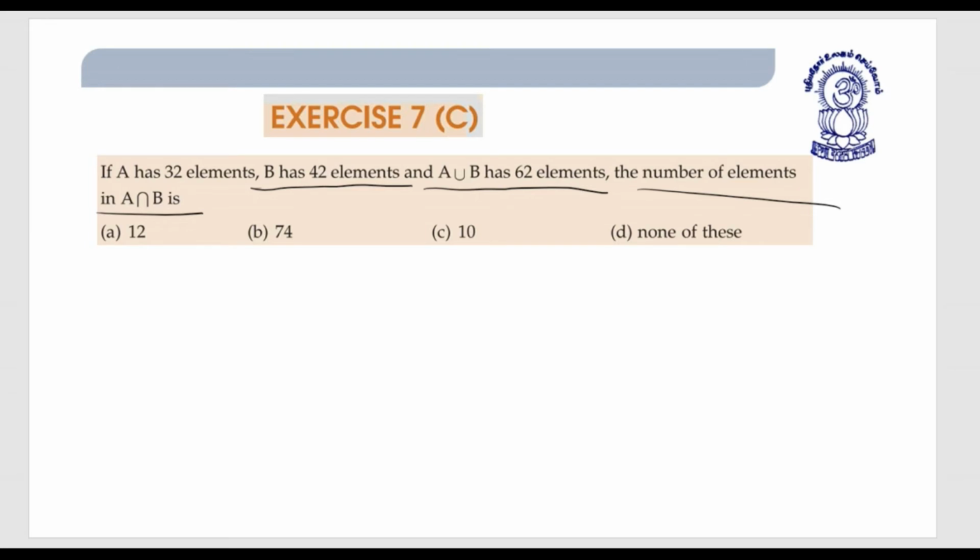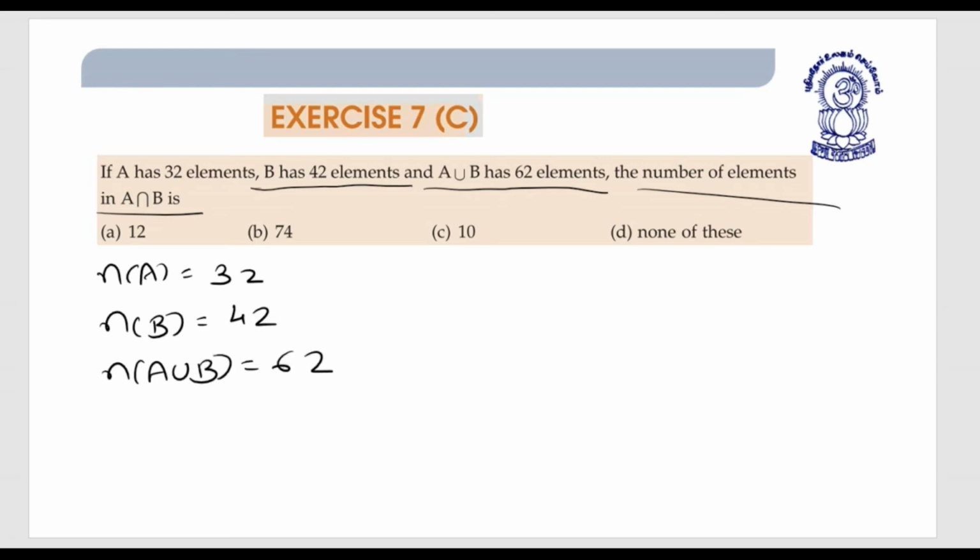So here the given data is n(A) = 32, n(B) = 42, n(A union B) = 62.